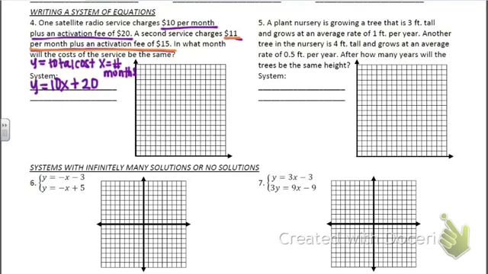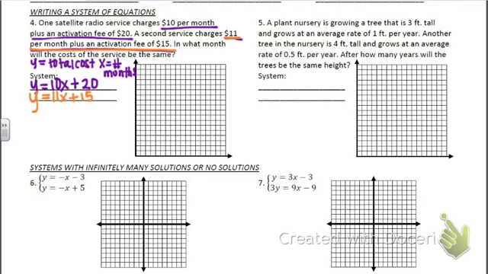The second equation is going to be y equals, how much do they charge per month for the second service? 11. So 11x plus, what's the activation fee? 15. Okay, so then my next question, do you think that the 1-to-1 scale on here is going to do it for us? No.